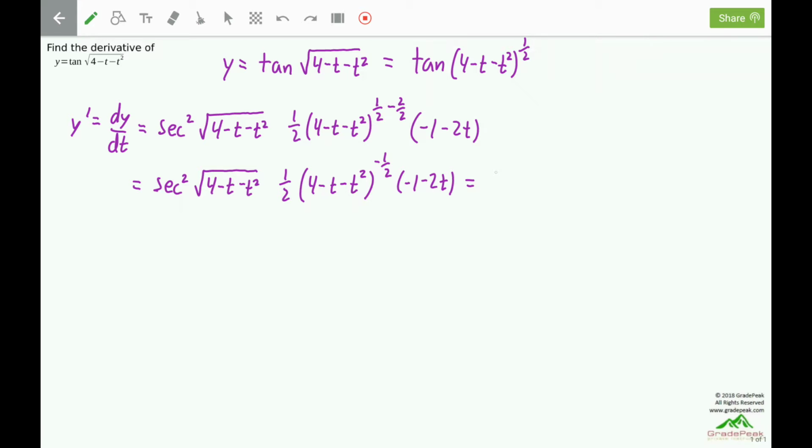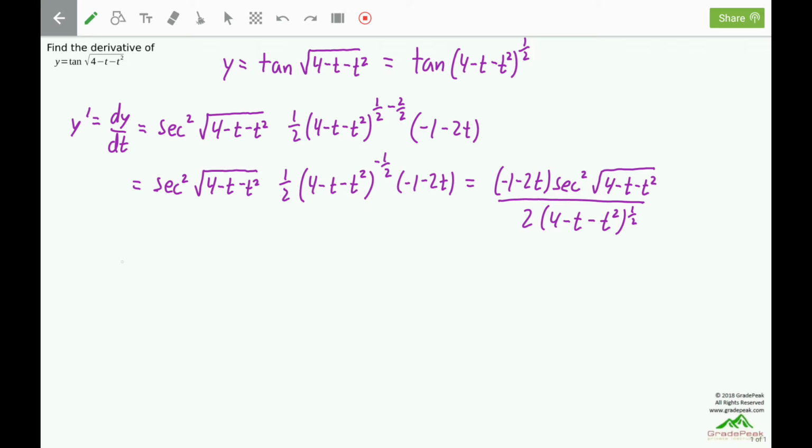They're multiplying each other. I'm going to write the negative 1 minus 2t first, and then the secant squared of the square root of 4 minus t squared, and all of this divided by, there's a 2 already down there from the 1/2, and then we have a 4 minus t squared to the positive 1/2 power.